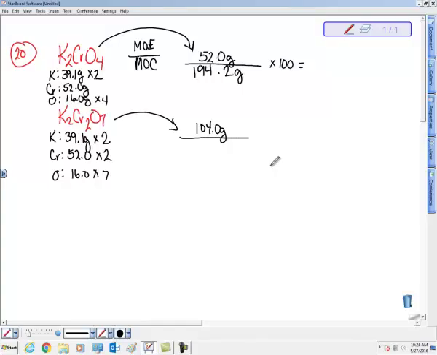And then the total molar mass, let's get that. Okay, I got 294.2 grams on the bottom here. Alright, so let's compare.